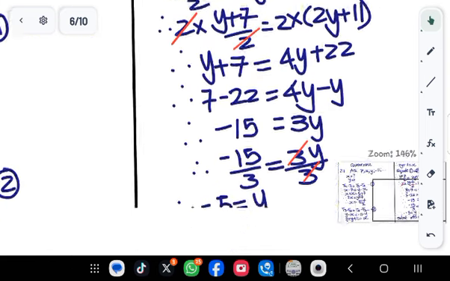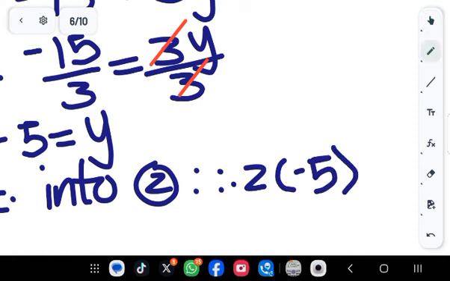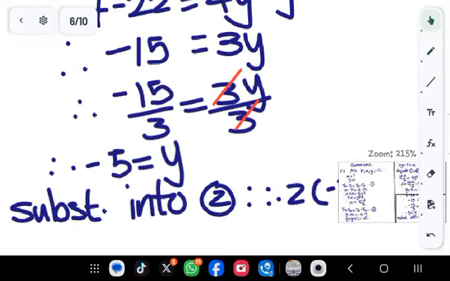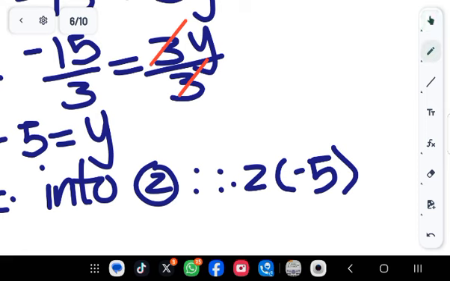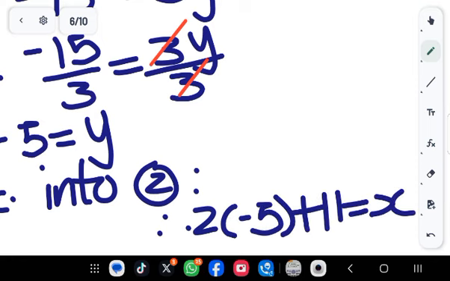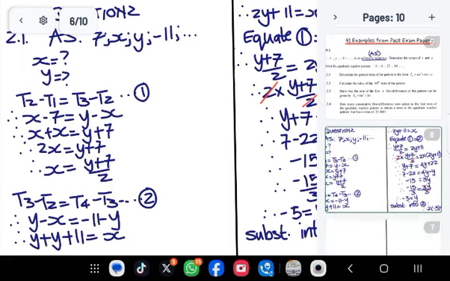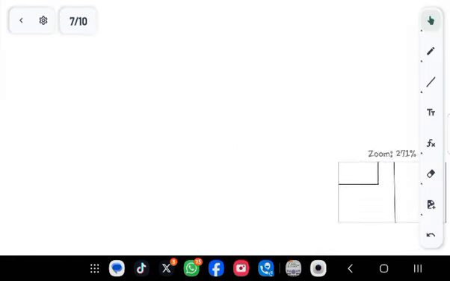So now let's substitute negative 5 into equation 2: 2 times negative 5 plus 11 equals x.